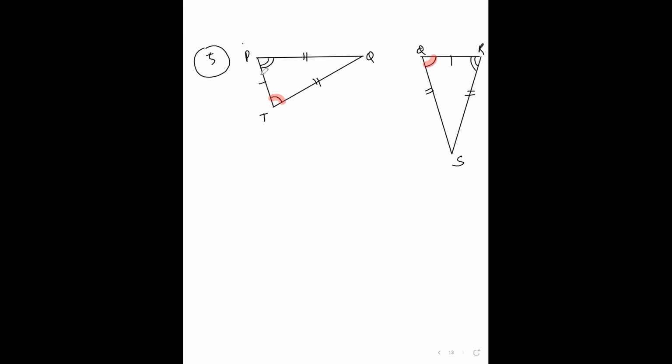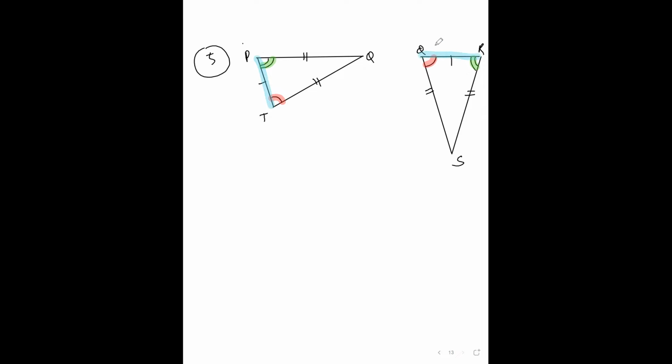Next, angle P in the first triangle. Angle P is equal to which angle in the second one? R. Okay. Then these are two angles, and which is the side between those two angles? PT. So side PT is equal to which side? QR.